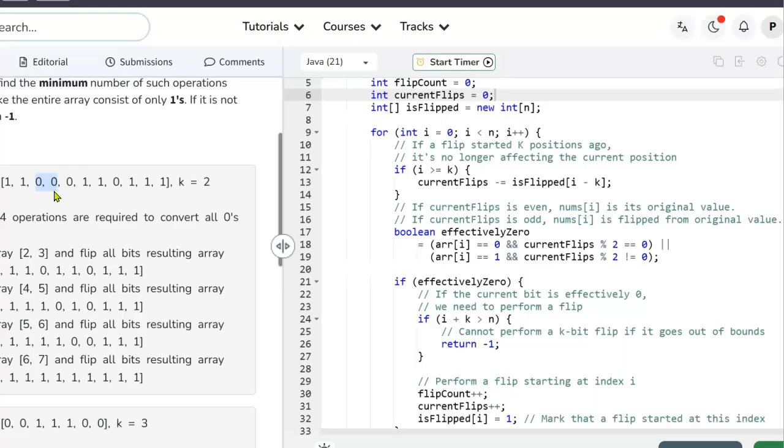Now, when we get to index 3, we're still going to be looking at a 0, but the current flips within the window is going to be 1. We're going to use that information to say, okay, well, effectively this number is a 1.